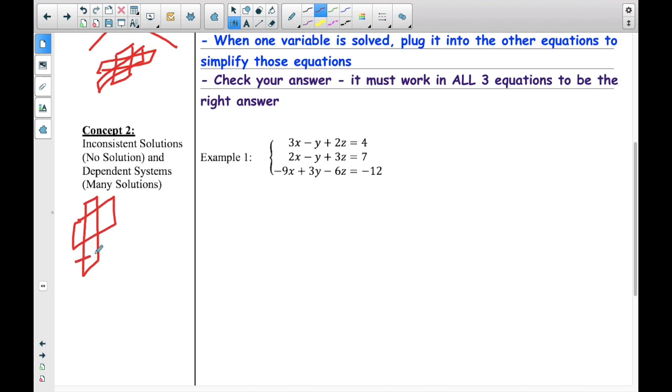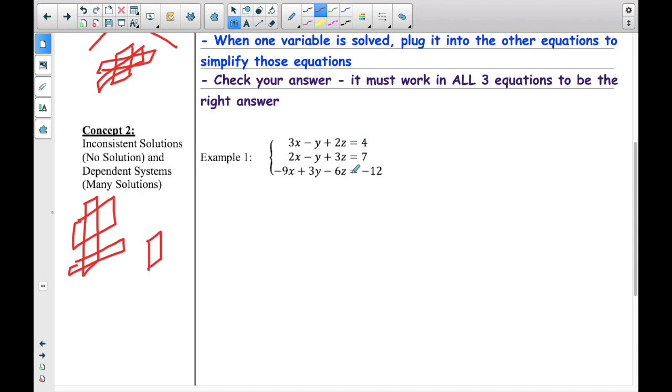Well, let's just say it's over here, for instance. Okay, we have three planes, but they are not intersecting. And if they are not intersecting, that's going to be no solution. And many solutions is going to be similar to what we have done in the past, where maybe the planes are on top of each other, things like that. So just keep those in mind.